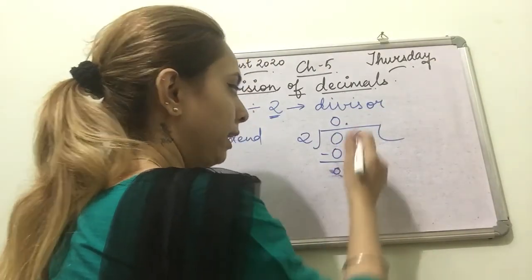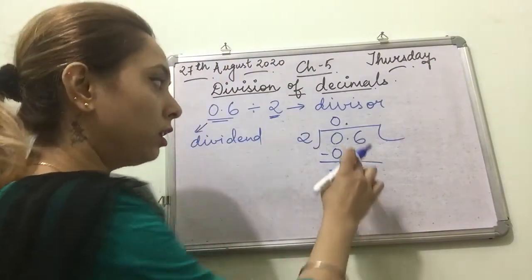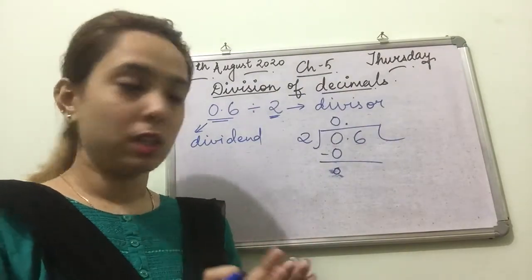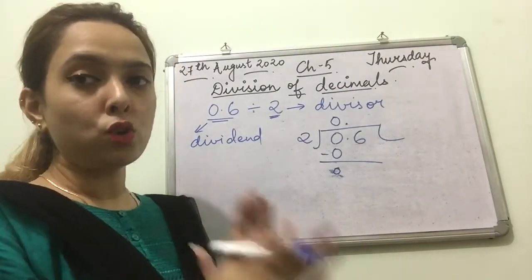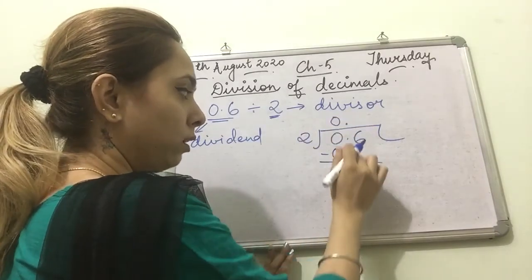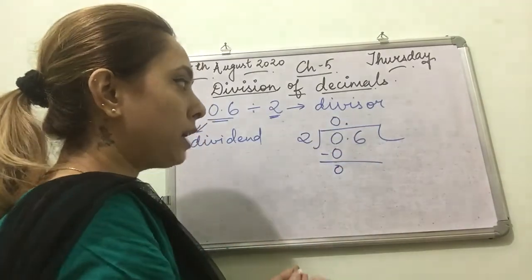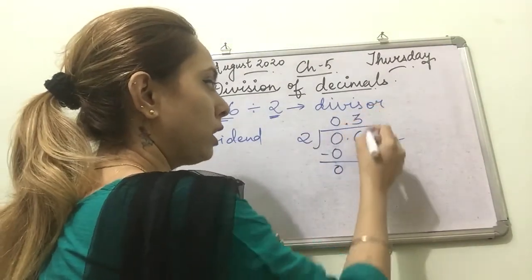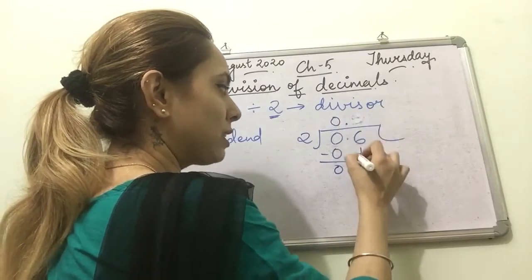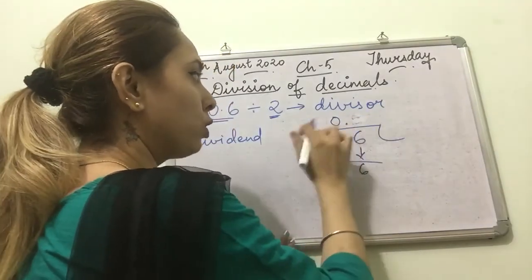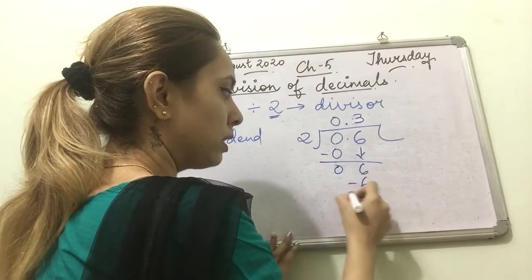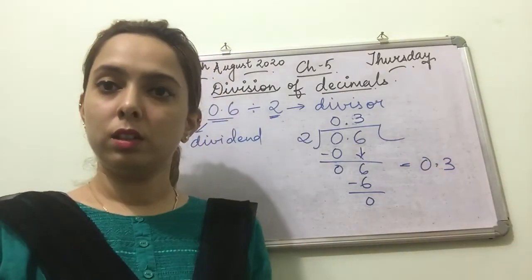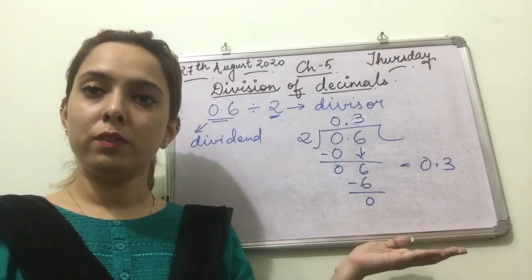Students, while dividing, you will not consider the decimal. Only you will put the decimal in the quotient. That's it. So here we will perform our normal division. Here we have got the answer as 0. Now 6 is divisible by 2. Yes. So just write down 2 3s are 6. We will get this 6 down. Now 2 3s are 6. So our answer is 0.3. This is the way of dividing decimal.